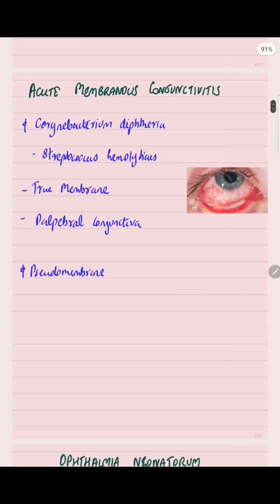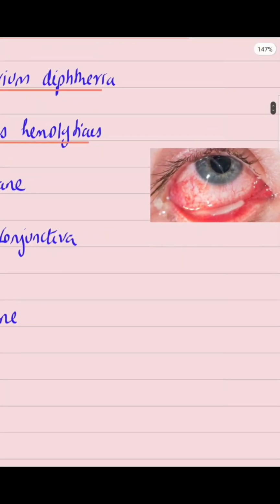Next is acute membranous conjunctivitis. Nowadays it is very rare because of the markedly decreased incidence of diphtheria. Typically it is caused by Corynebacterium diphtheriae, and occasionally by Streptococcus hemolyticus. It is inflammation of the conjunctiva associated with deposition of fibrinous exudate on the surface, resulting in the formation of a true membrane.